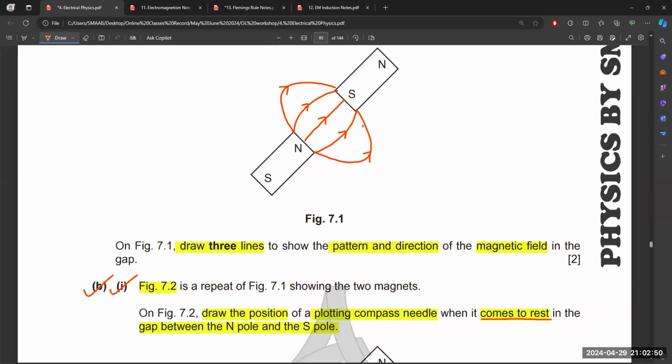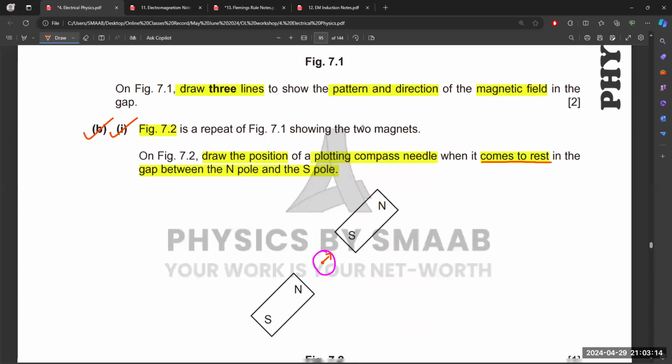So when you move the compass, the pointer of the compass also changes direction, following the field lines. But in the center, the field line moves straight from north to south, because the north pole and south pole are opposite poles and they attract each other.